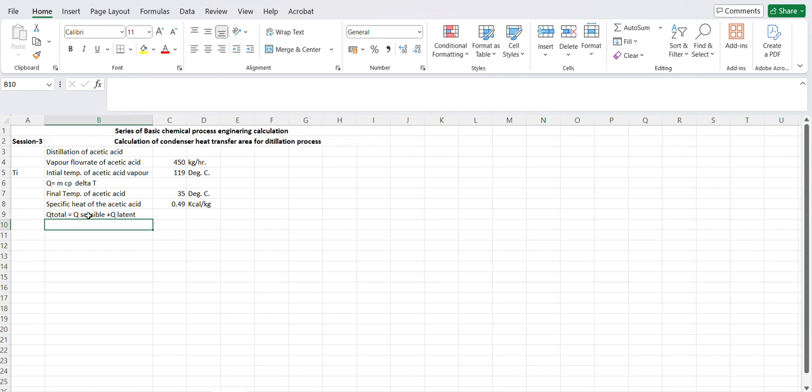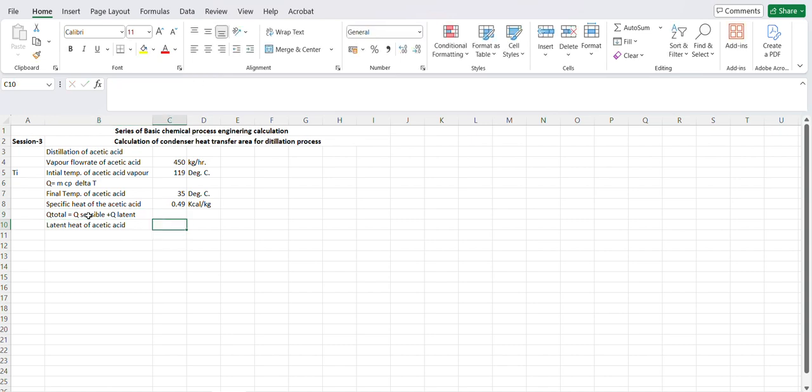So to calculate this we require the latent heat of acetic acid.